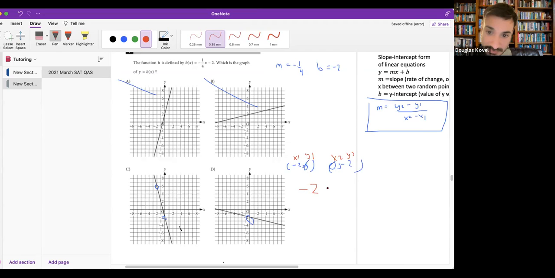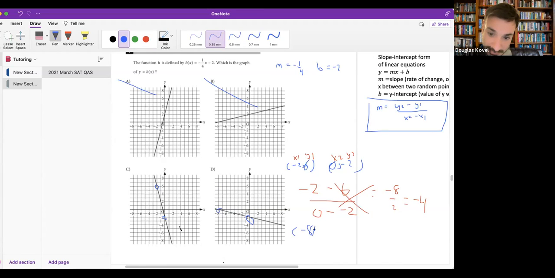So it'd be -2 minus 6 over 0 minus -2, which ends up being -8 over 2, which is -4. So that's incorrect. But if I look at D, I see I have (-8, 0) as a point.